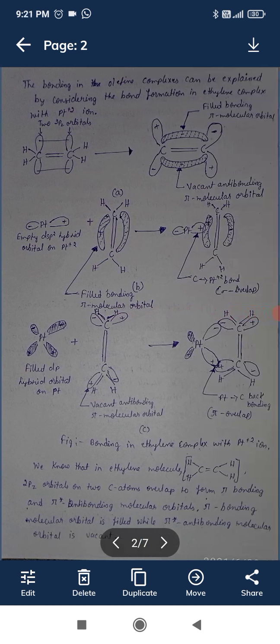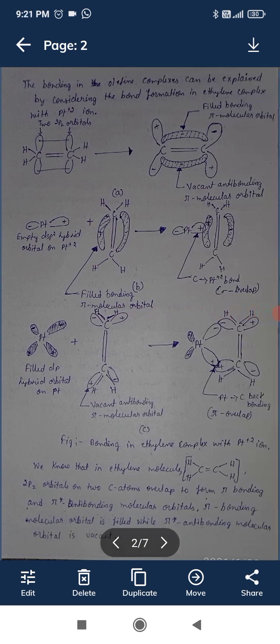In the second stage, the filled bonding pi molecular orbital of the ethylene molecule overlaps with the empty dsp2 hybrid orbital on the platinum ion and forms an ethylene-platinum overlap. This gives rise to a sigma overlap.